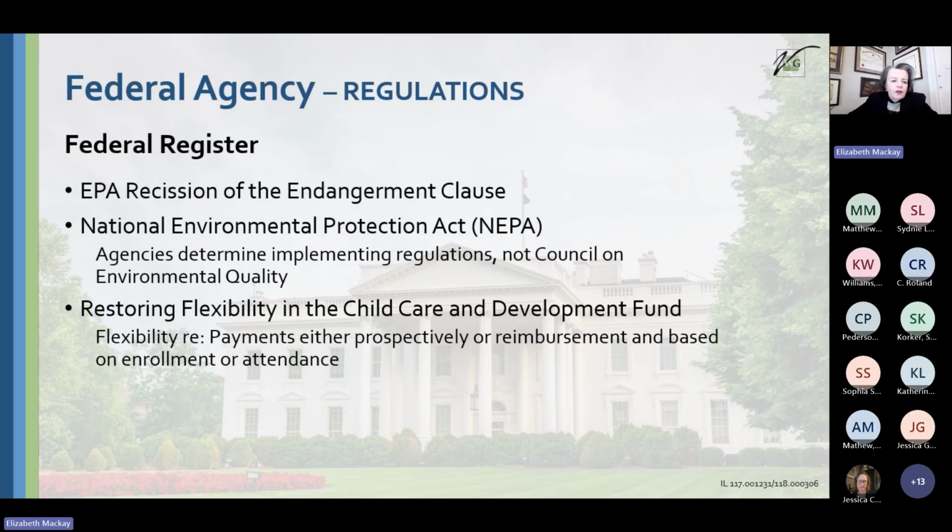The endangerment clause concluded that greenhouse gases were warming the planet and were harmful to the health of human beings. So the government had to limit the production of those gases, do what they could to limit the production of gases. And again, this is consistent with the Clean Air Act.